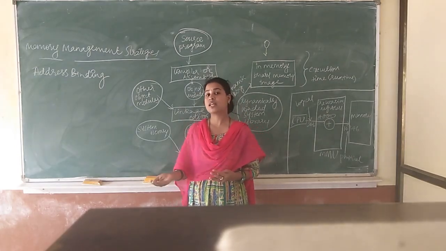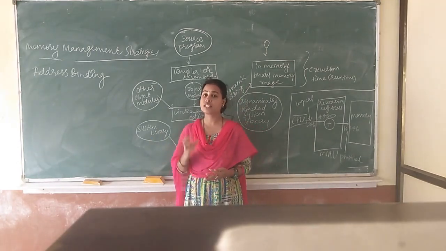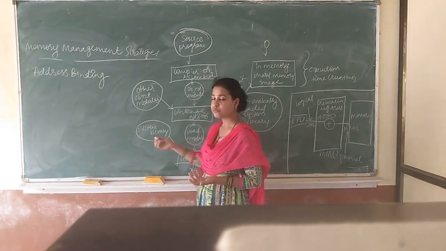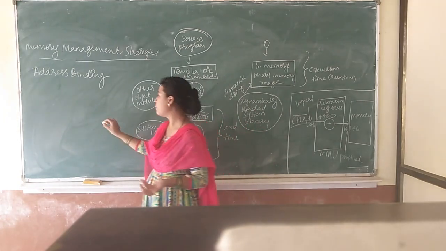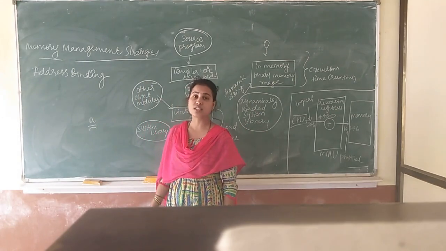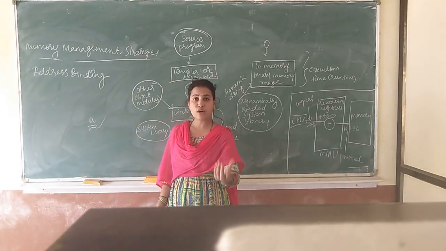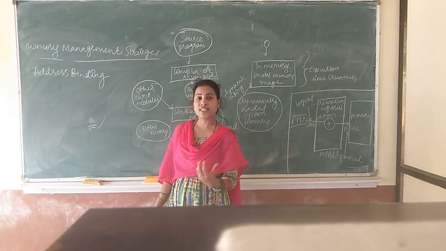Now inside this program we have a source code. In the source code we have some variables. For example, I am using a here. So a is a variable. This is called a symbolic notation. So symbolic constants are present in the source code.